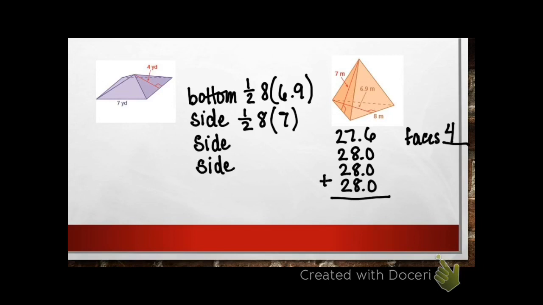The whole numbers go in front of the decimal. Now add that all up. All right, you should have gotten 111.6 meters squared.